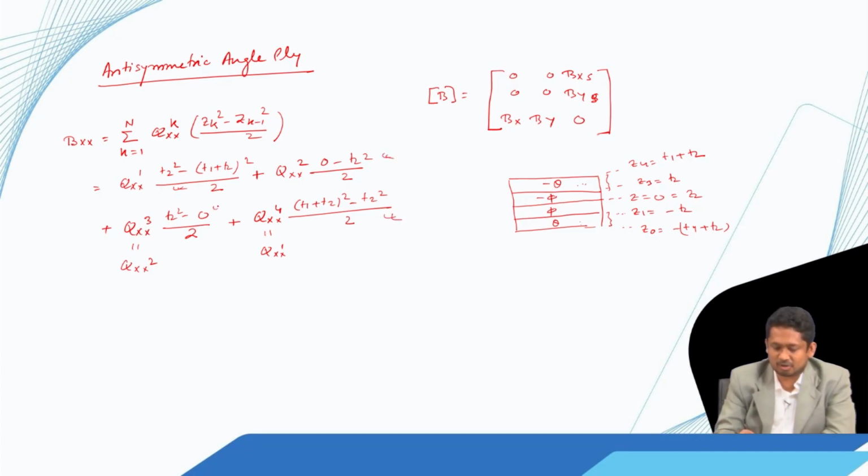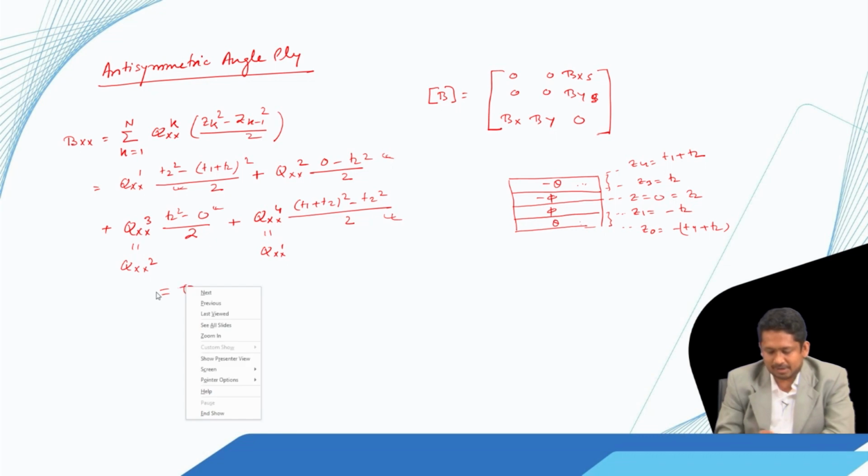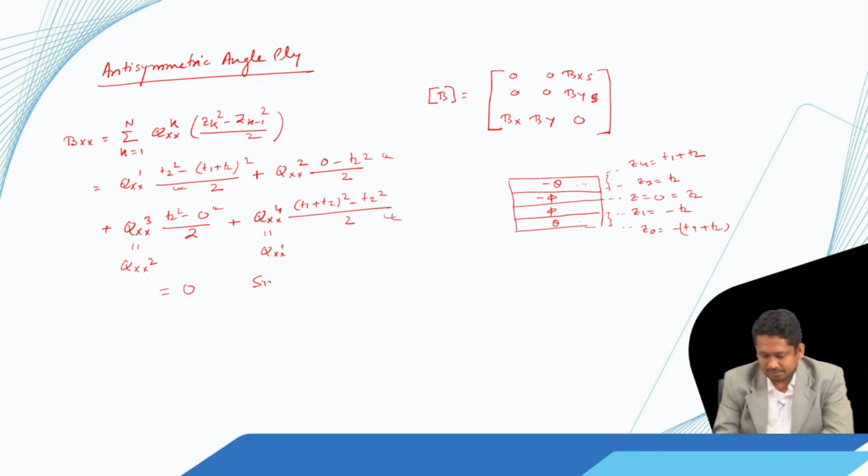Similarly, this and this are opposite of each other. So, on being added it gives us 0, and similarly we have Byy equal to Bxy equal to Bss equal to 0.